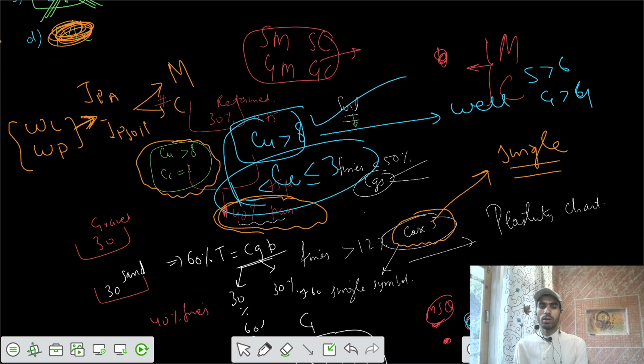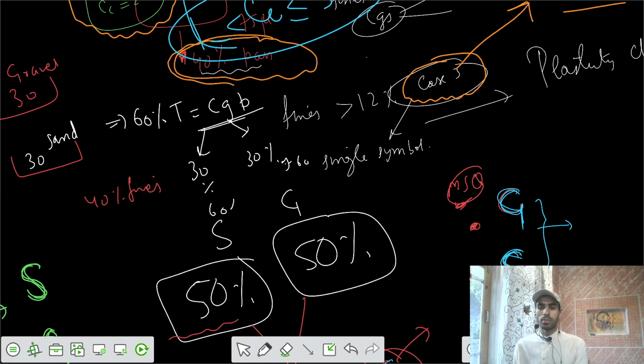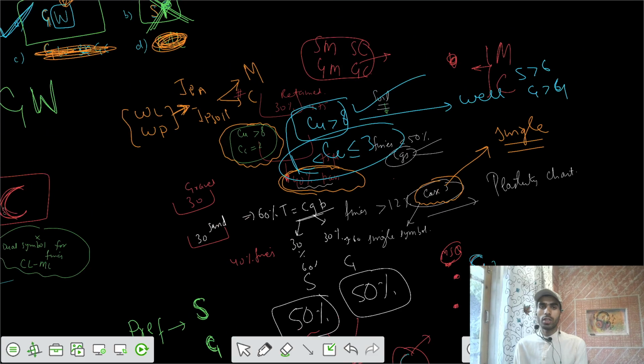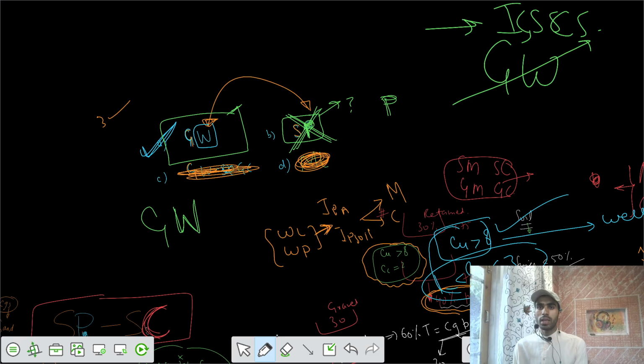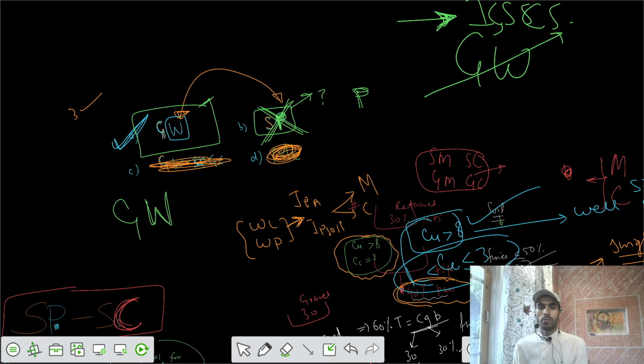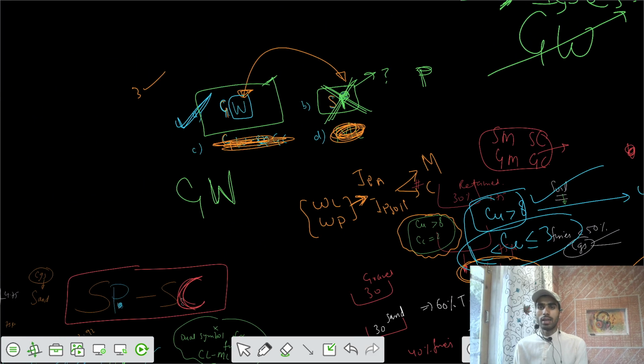But the actual solution of this problem should be according to the classification system, and it should not be GW as per the ISSCS. But if the option came such that this was one of the options, and all other data related to fines was not given, we should go with this gravel, that is well graded gravel.